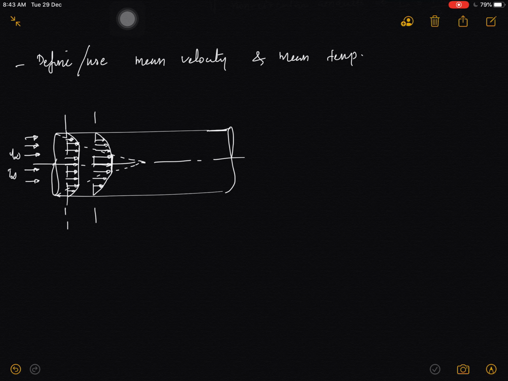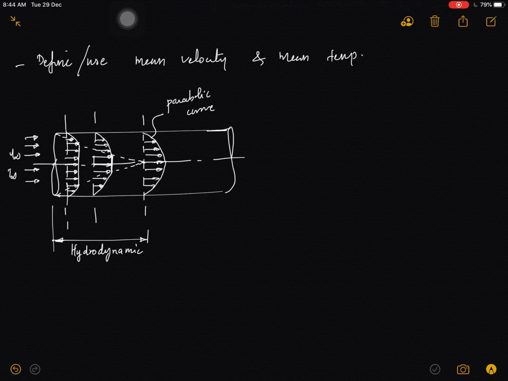After reaching a certain point, the velocity distribution will be like this: a constant variation from top and bottom to the center line of the pipe, and this is the parabolic curve. Up to this distance from the entrance point, it is called the hydrodynamic entrance length.